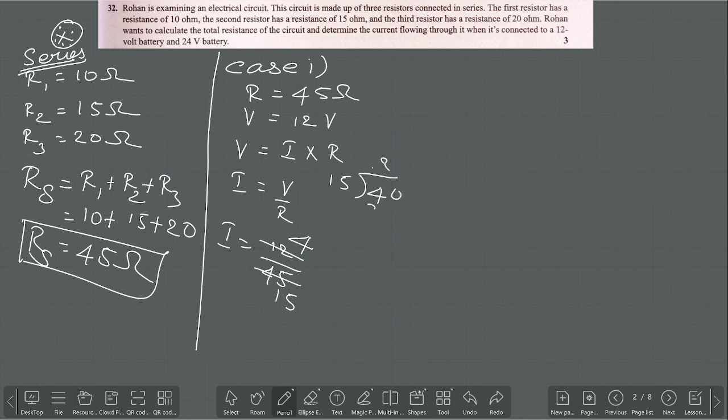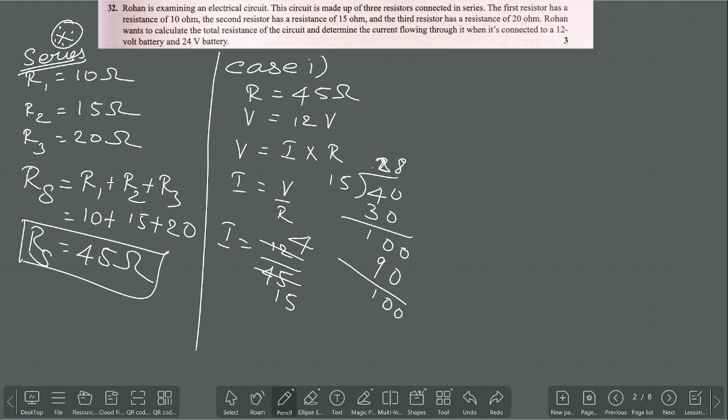2 15s are 30. Remainder 10. Again add a 0. How many 15s will come? 8. 8 15s are 90. Remainder 10.